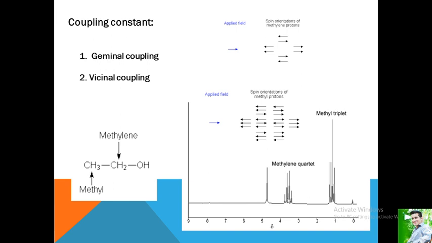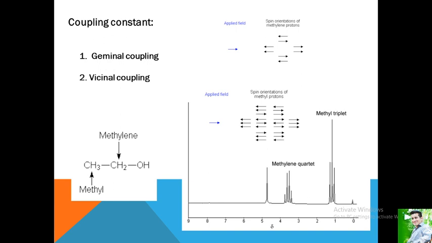In a first order spectrum, where the chemical shift between interacting groups is much larger than their coupling constant, interpreting the splitting pattern is quite straightforward. The multiplicity of a given multiplet is given by the number of equivalent protons on the neighboring atom plus 1, that is the n plus 1 rule.